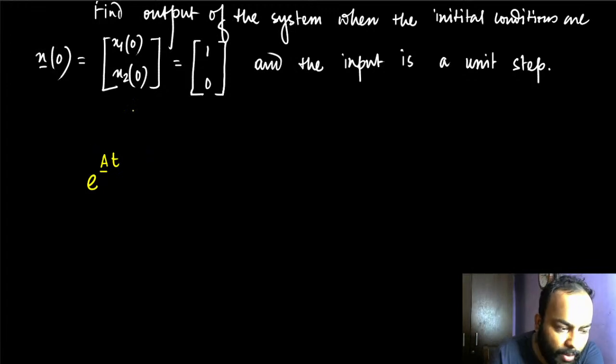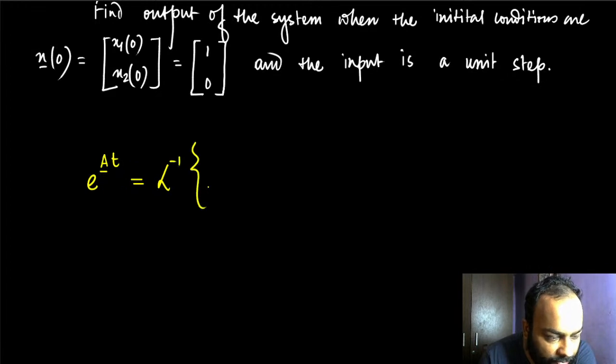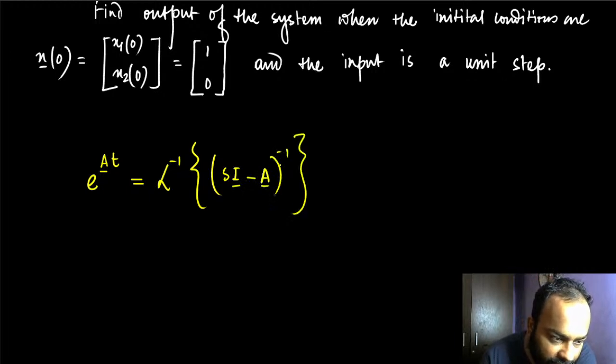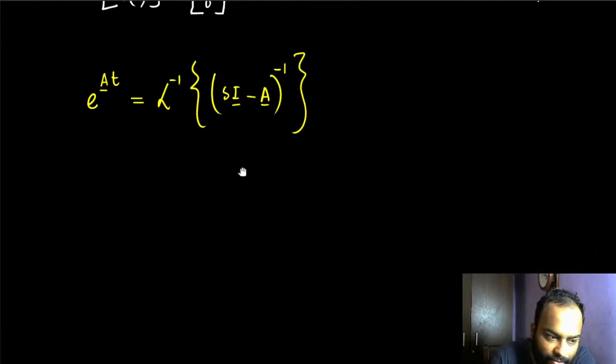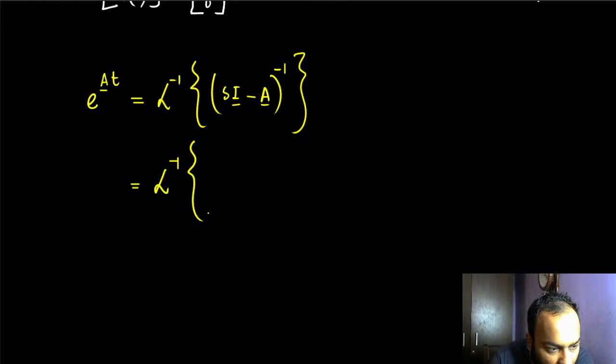All right, so e to the power At, we know it is the inverse Laplace transform of (sI minus A) whole inverse. Now we could use the infinite series expansion and do this, but we are trying to avoid that. So let's take the Laplace inverse of sI minus A. Now what is sI?